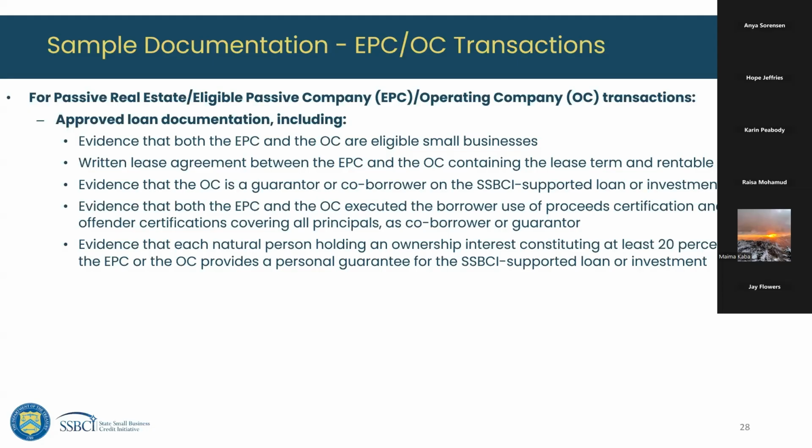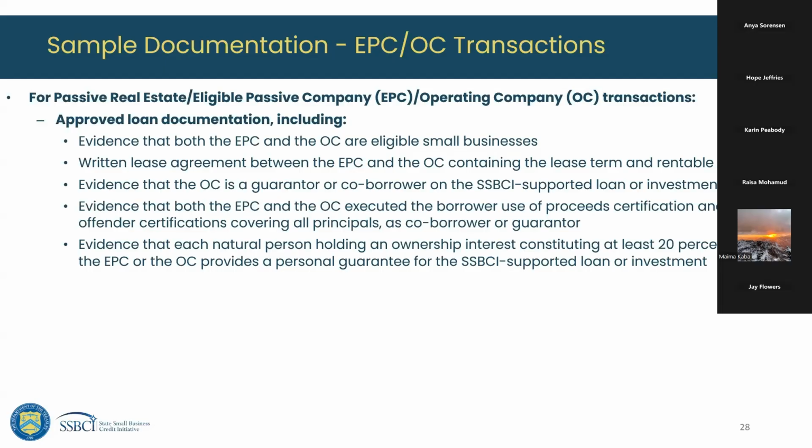Other items would be evidence such as the borrower's application, which references the co-borrower's information, and the guarantee agreement, which identifies the guarantor. Make sure that's in the files. And then for EPC-OC transactions, please make sure that the ownership structure is clear and that there's documentation for the requirements applicable to the EPC-OC transaction.